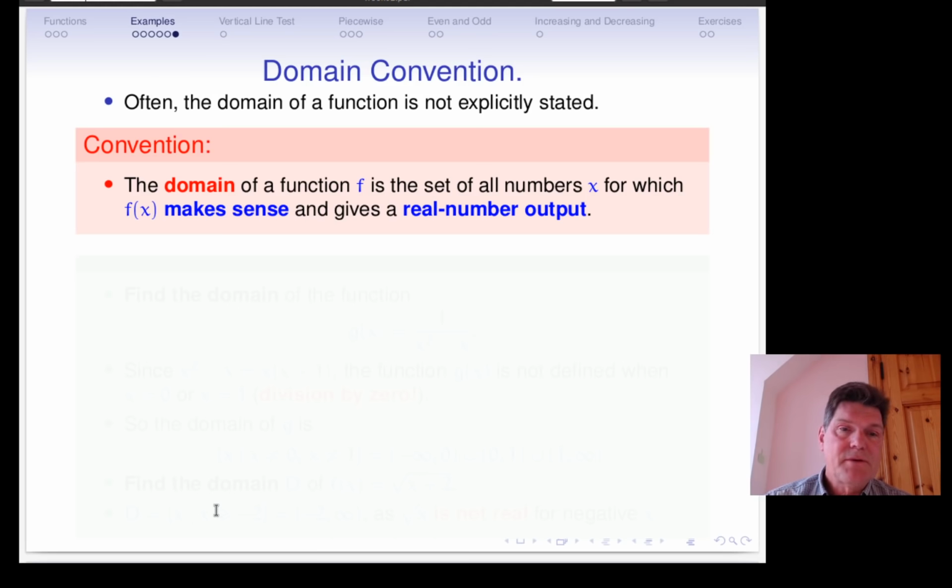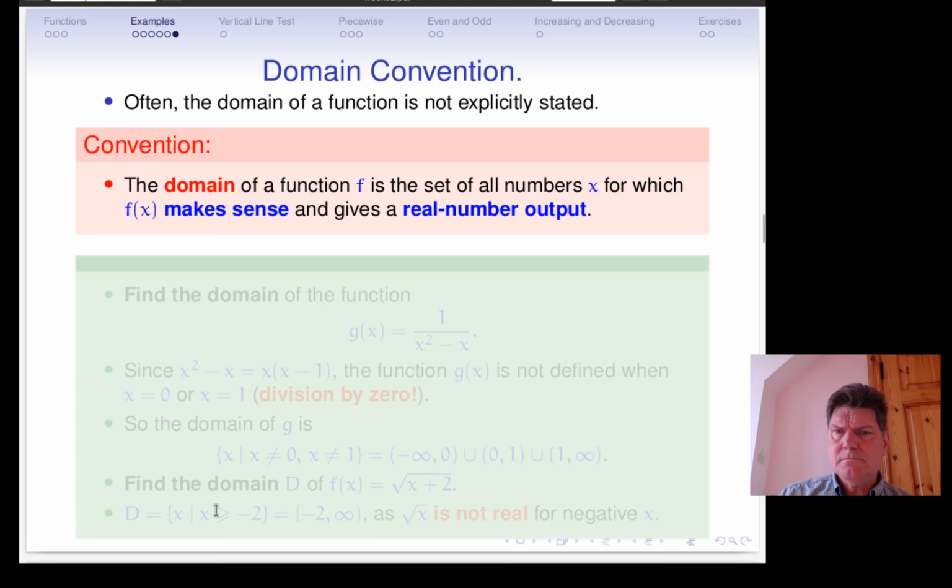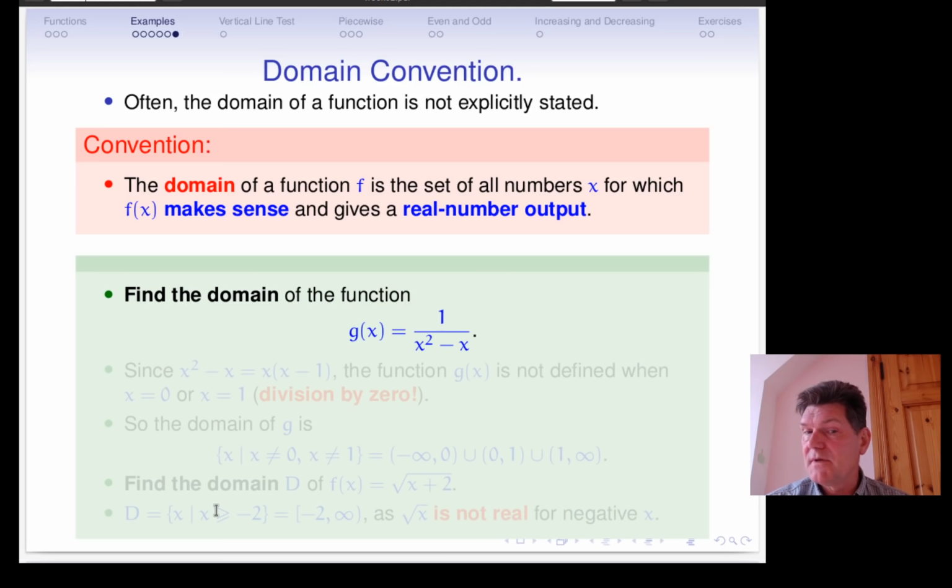To illustrate this further, I've brought two examples. First example, find the domain of the function g of x given by the formula 1 over x squared minus x. At first glance, that's a perfectly valid formula, so what could go wrong? Where would the function value not make sense?